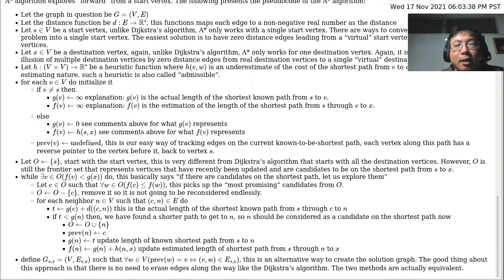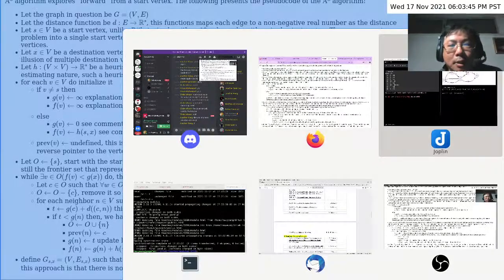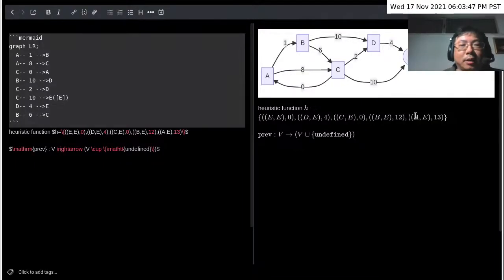So I think if you guys try to apply the A star algorithm using the problem set that I have here, this is nice because I'm using exactly the same distances as the one on Monday, and we can assume A is the start and E is the end. So let me just add that here.